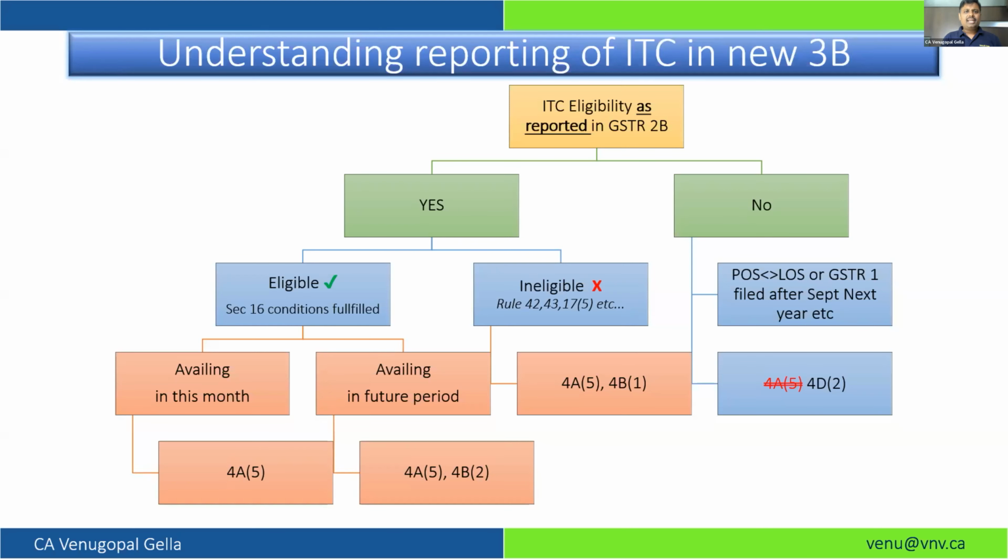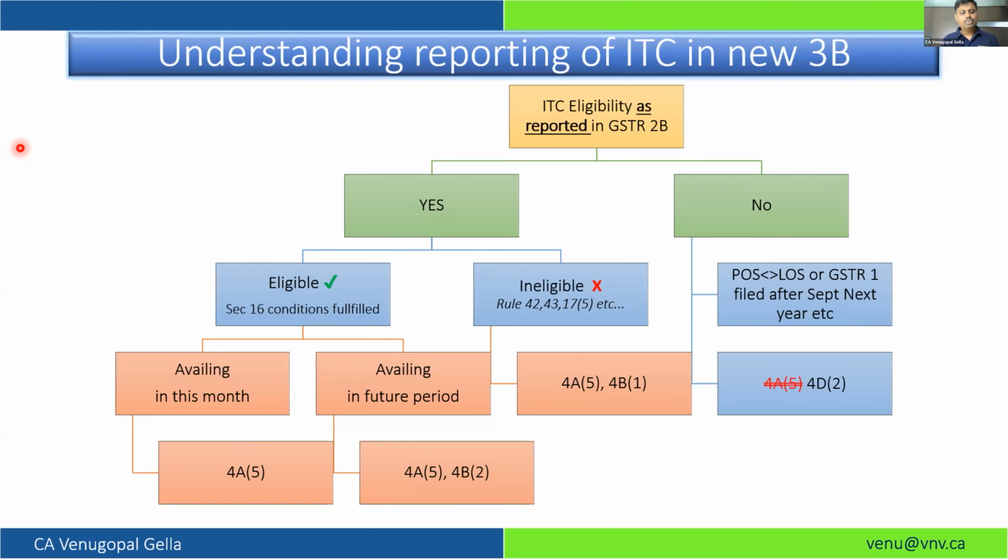Banking company, rule 38. It is like I have credit 50% only, I can take 50%, I cannot take the rest. So 100 rupees would be coming to 4A, 50 rupees goes to 4B1 and 50 comes net. Or I have some exempted supply, there is a common credit owing to rule 42, 43, I'm going to reverse. Or I have a blocked credits. I have purchased the credits for business, but they have been blocked under section 17(5).